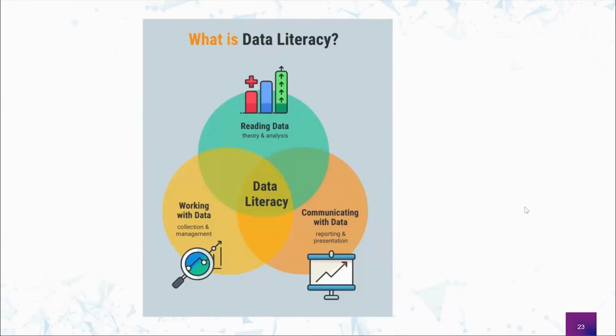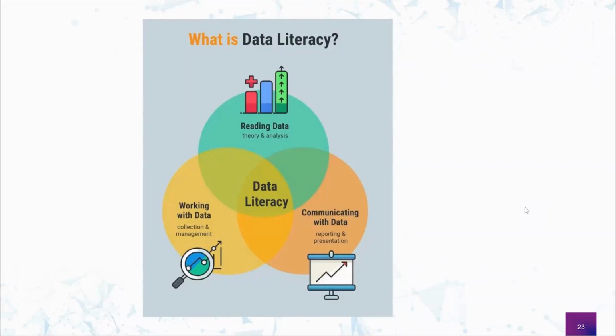So when it comes to readability, this chart nicely represents. Number one, we all have strengths in this, right? Data literacy is very, very important. Some of us might be very good at interpreting data, which is reading the data. Accountants, lawyers, you name it, are very good at reading the data, which means you give them some complex information, and they'll be able to read the data and find some insights out of it, right?